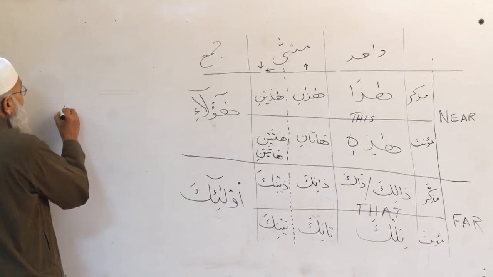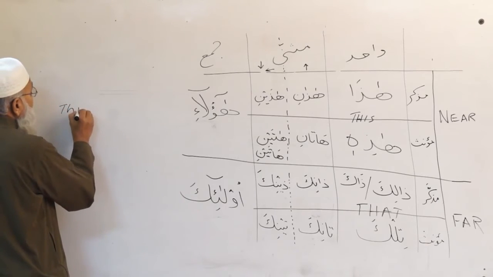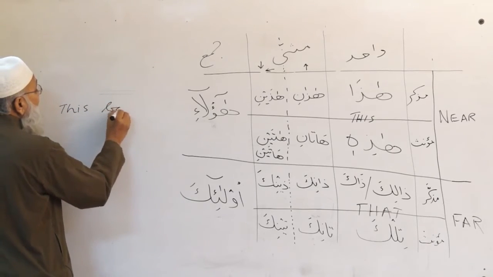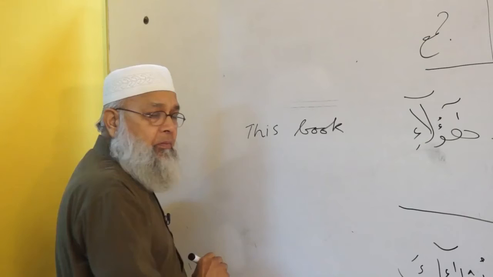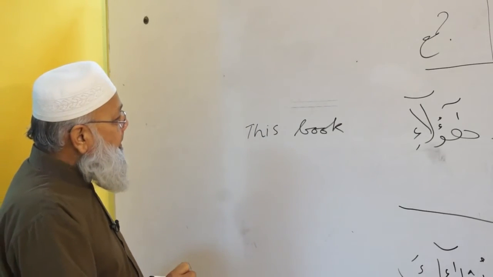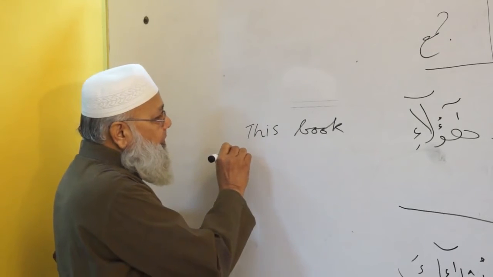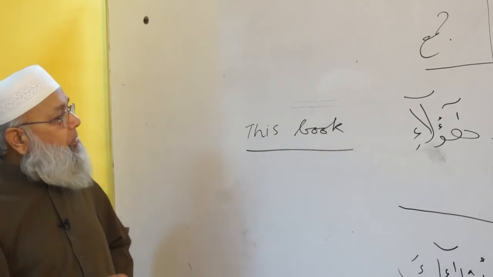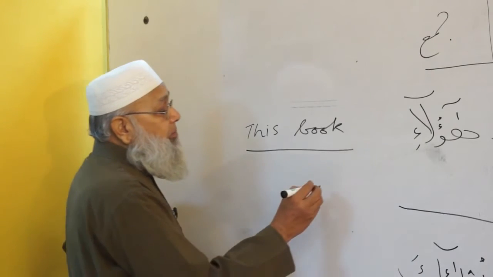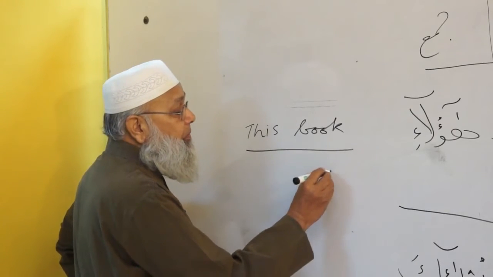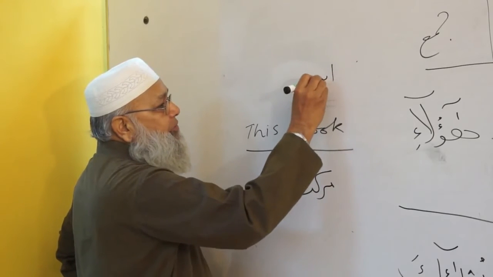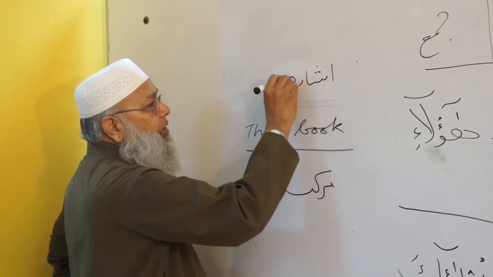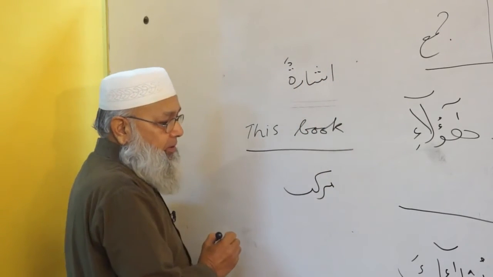When you have to say this book, this is not a complete sentence. This is called in Arabic murakkab ishari. Ishara is demonstration. Isharatun is a demonstration.